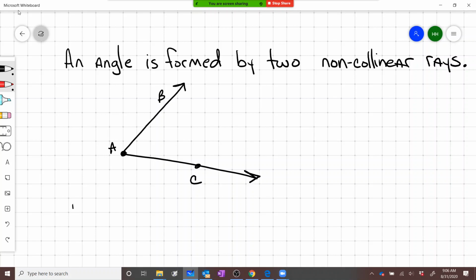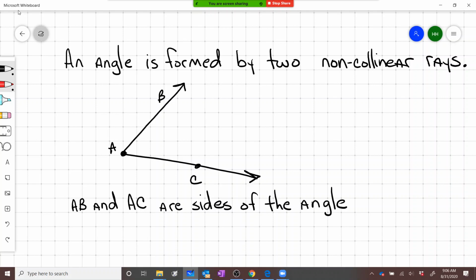We're going to say that AB and AC are called the sides of the angle. The rays that make up the angle are the sides. Point A is called the vertex.